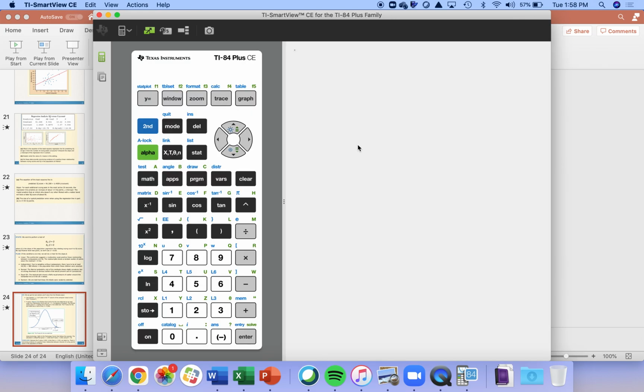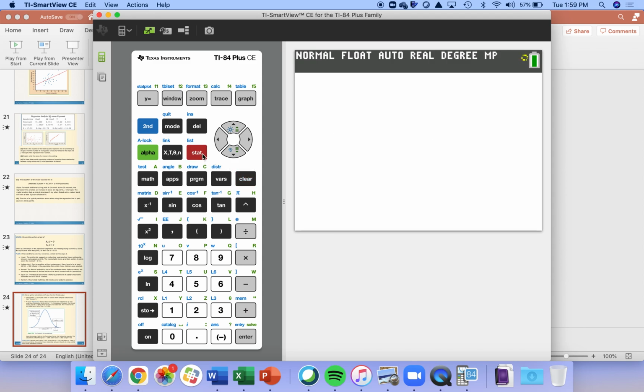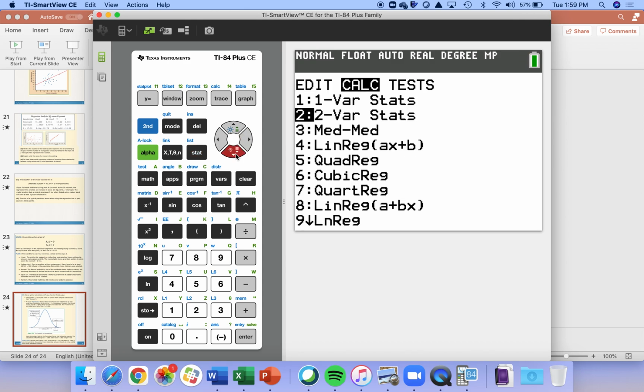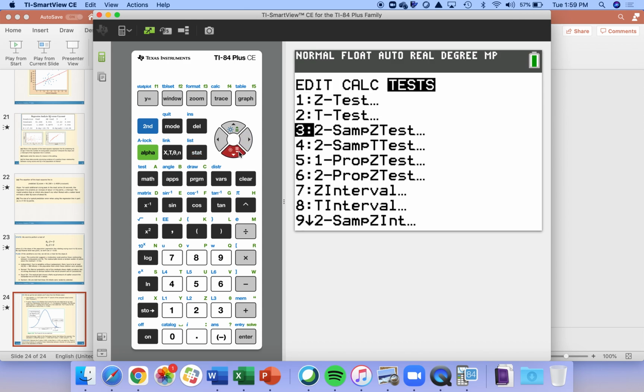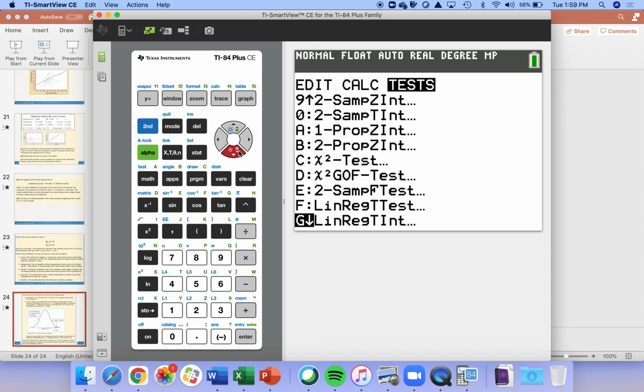That's okay. I would go into Stat, go over to Tests, and go down to linear regression t-test, which is LinRegTTest. There it is. Hit enter.